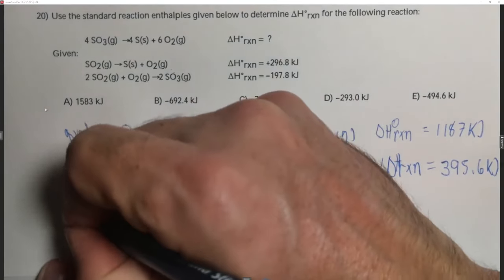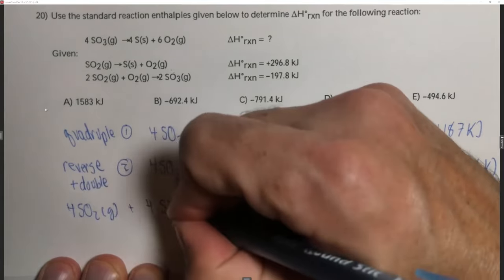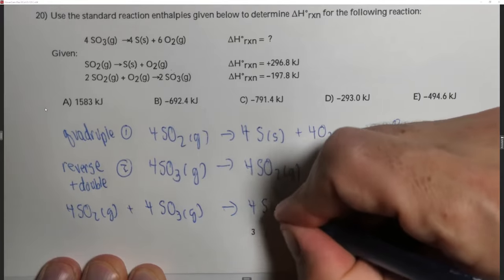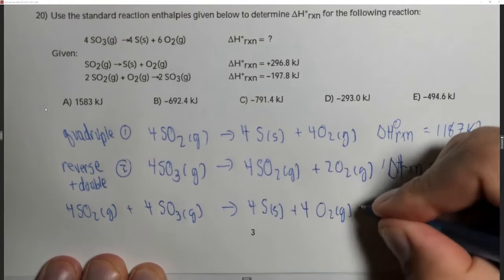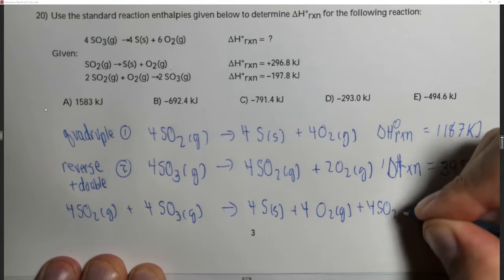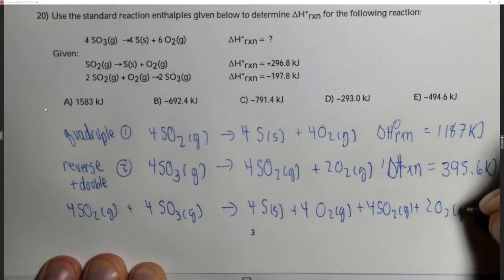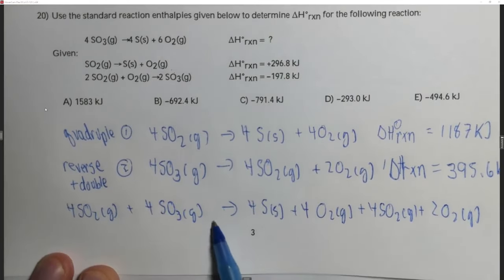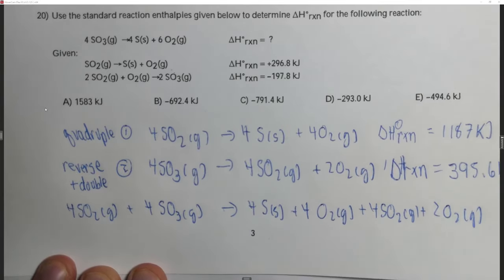So 4 SO2 gas plus 4 SO3 gas yields 4S solid plus 4 O2 gas plus 4 SO2 gas plus 2 O2 gas. So I simply wrote both of these reactants on a single reactant side and all 4 of these products on a single product side.